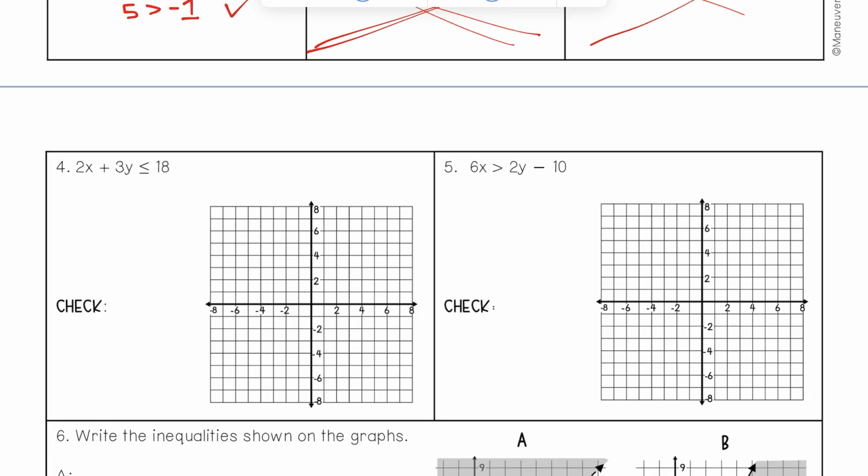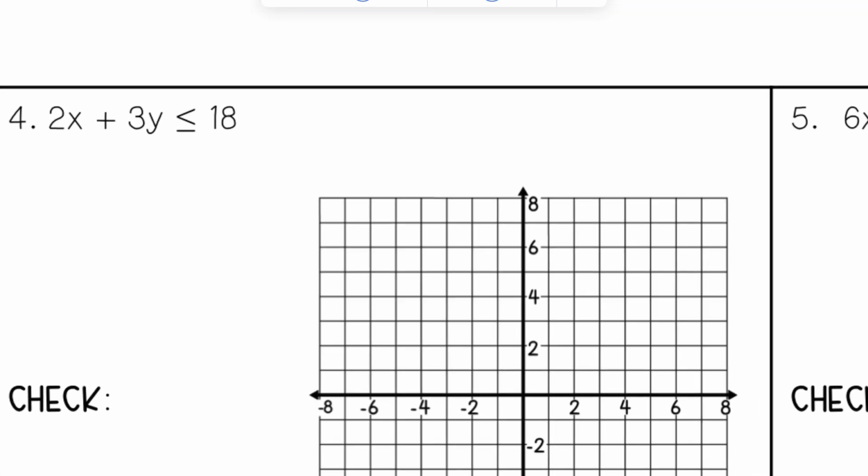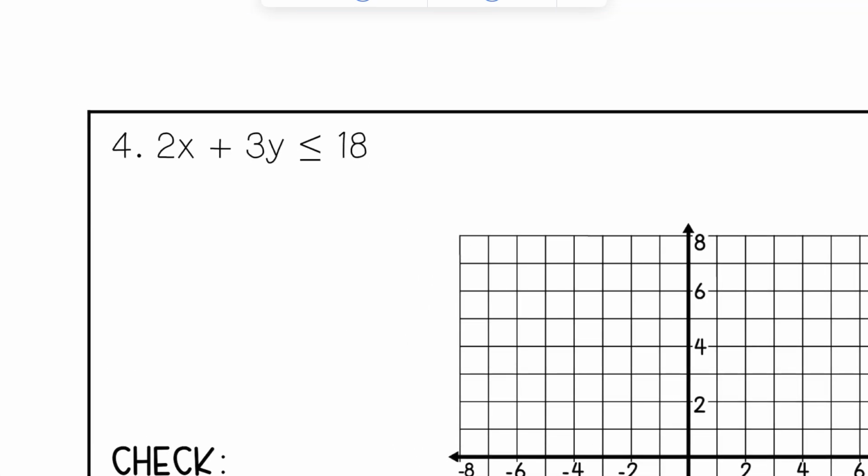And now it wants you to graph equations again. But we don't have y by itself. So we're going to have to figure out how to do that. I want to get y by itself.